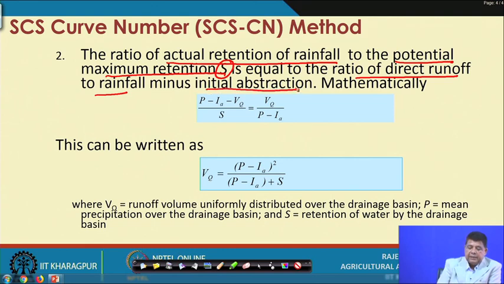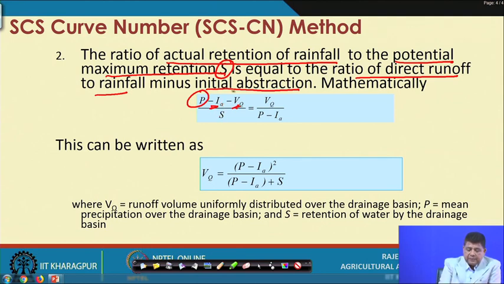Mathematically this is represented like this: P minus I A minus V q. Here P minus I A is the rainfall after initial abstraction, V q is the surface runoff, and obviously if from the total rainfall, the initial abstraction and the runoff are taken away, then that represents the actual retention, that is the volume of water that is retained in the basin itself.